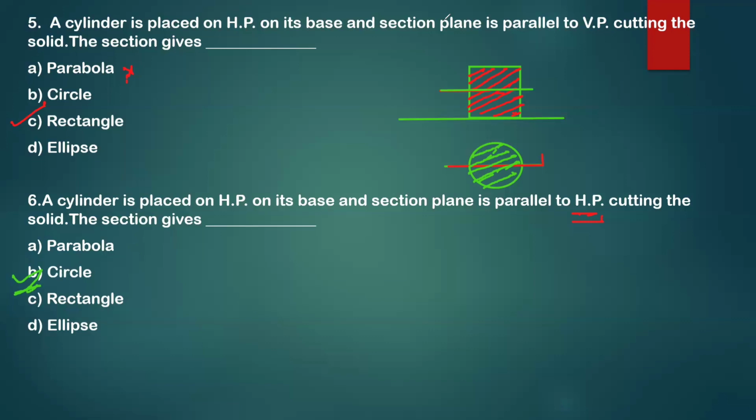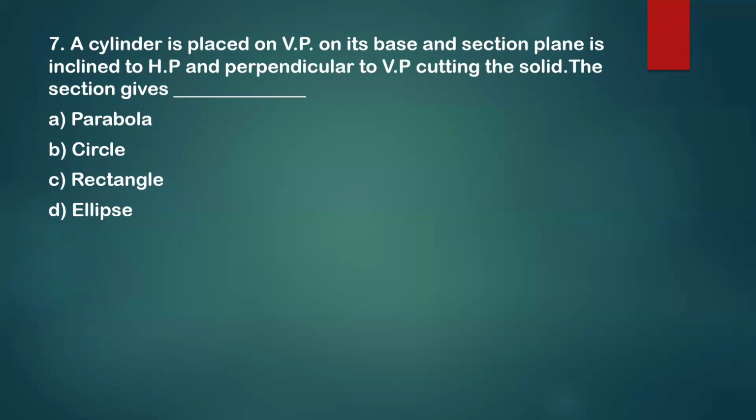Okay, we'll see the next one, and the last one. A cylinder is placed again on VP, on its base, and the section plane is inclined to HP and perpendicular to VP, cutting the solid.